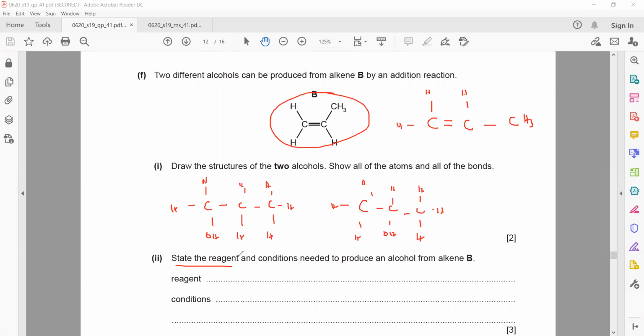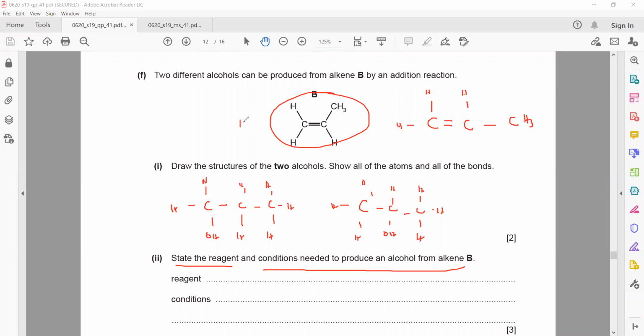State the reagent. Reagent means the chemical which you use to do this, and conditions. What is the reagent here? What chemical do we use to convert this alkene into alcohol? No, not acid.